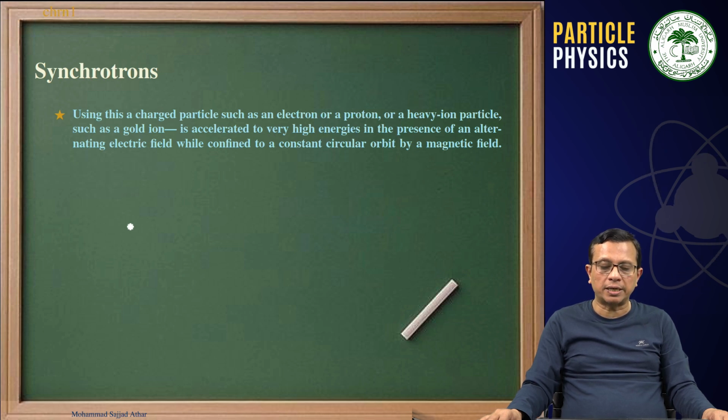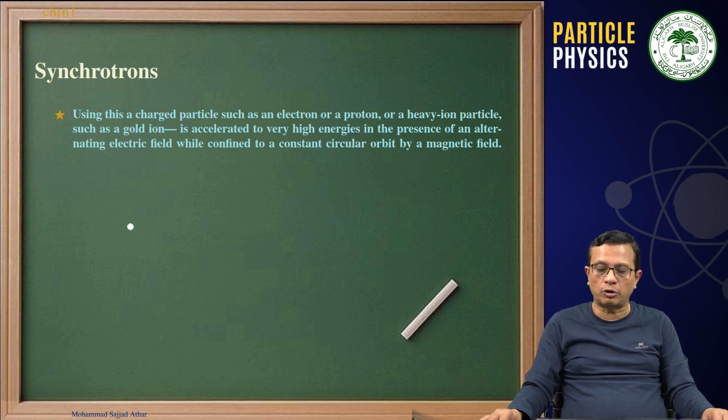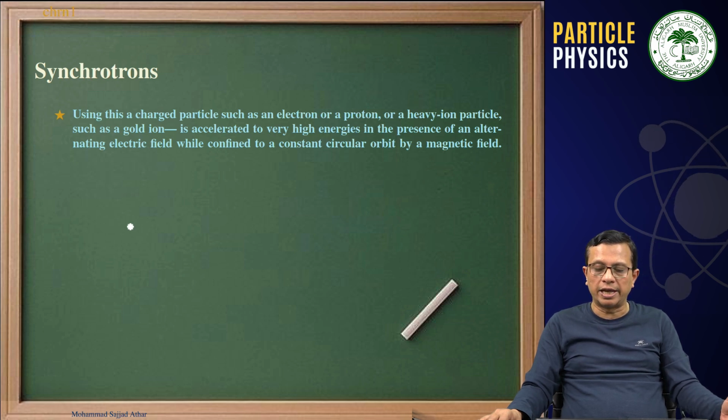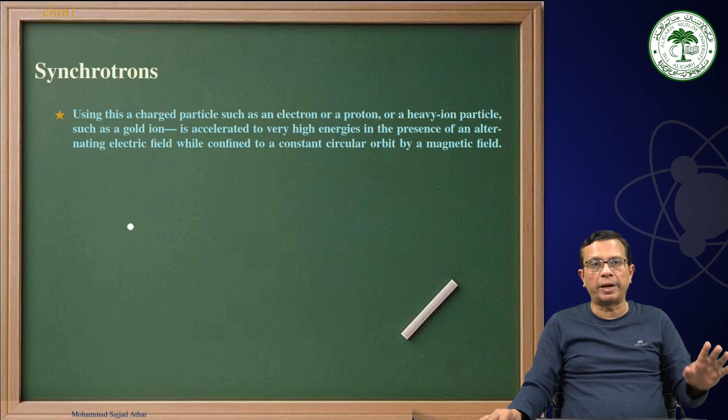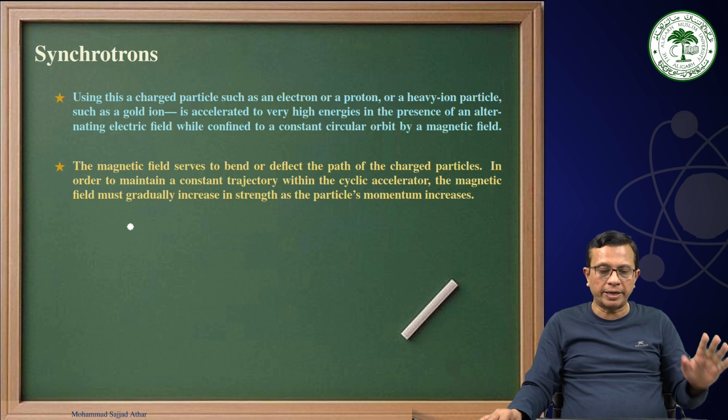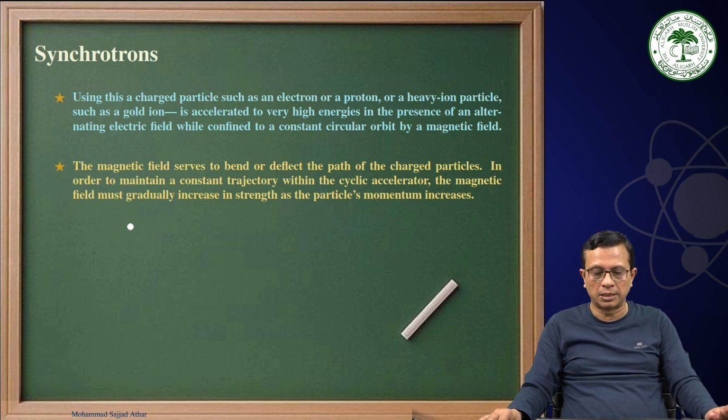Using this, a charged particle such as an electron or proton, or a heavy ion such as a gold ion, is accelerated to very high energies in the presence of an alternating electric field while confined to a constant circular orbit by a magnetic field. The magnetic field serves to bend or deflect the path of the charged particles in order to maintain a constant trajectory within the cyclic accelerator.